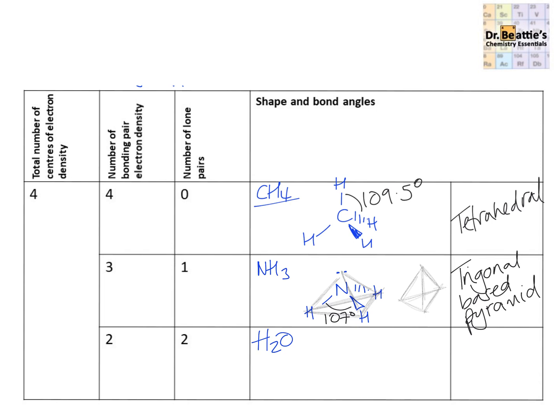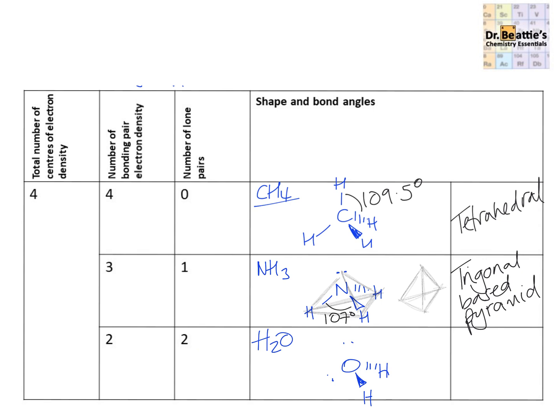So if we just draw the water molecule, it's going to form a similar shape to the tetrahedron. So I'm going to draw the oxygen in the middle and the 2 hydrogens on the outside, just like in methane. And the lone pairs of electrons on the oxygen are going to adopt similar positions to the hydrogens in methane. The angles follow the same rules here. So if we use 109.5 as our starting point, we've introduced 2 lone pairs of electrons.